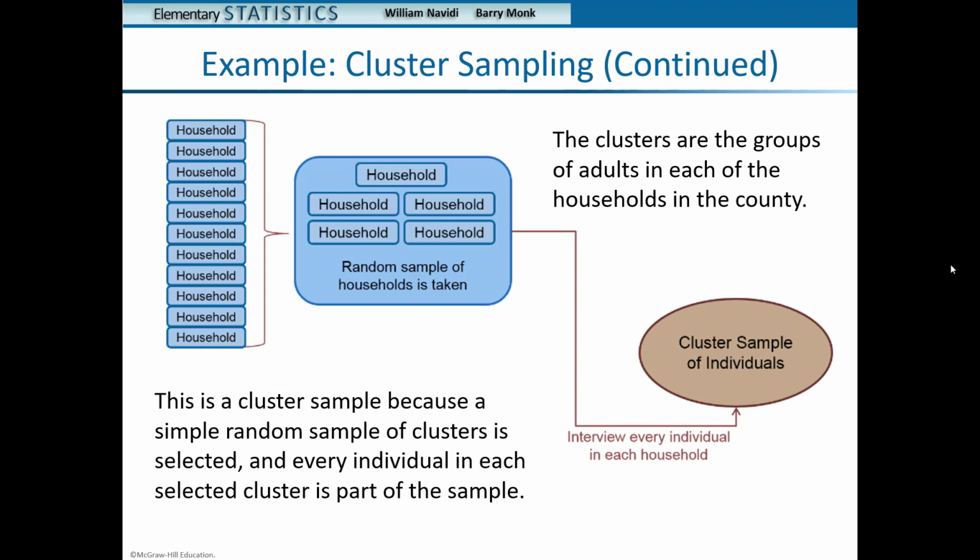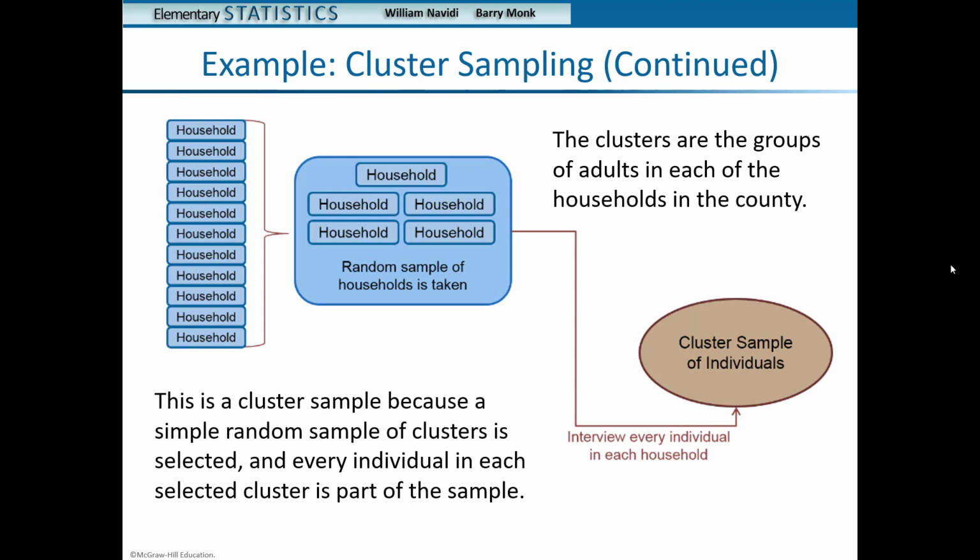So on the left, we see that represents the population, right? But the population is the population of all the households. We select a simple random sample of households, and then somebody visits each of the households selected, right? And surveys the individuals within each household.